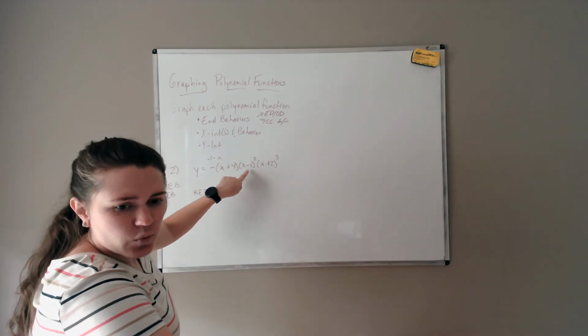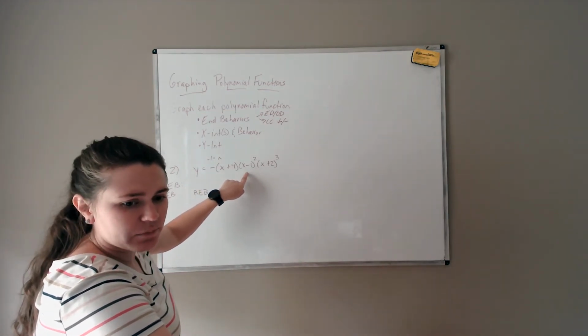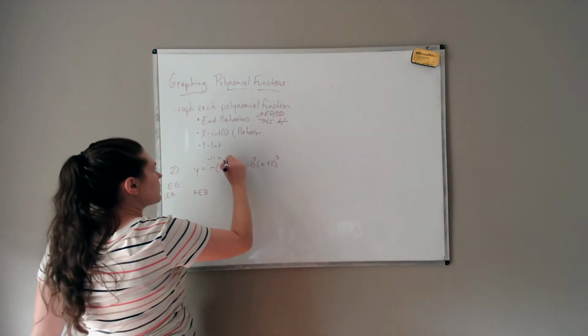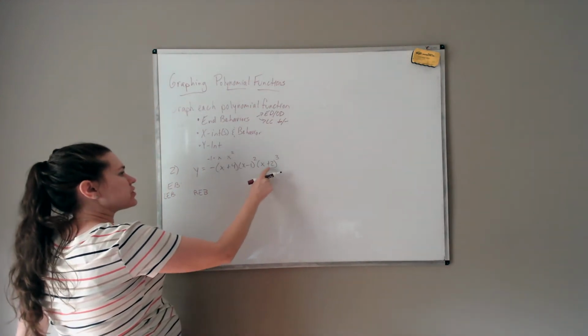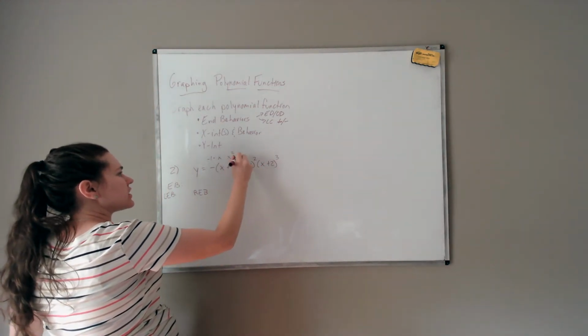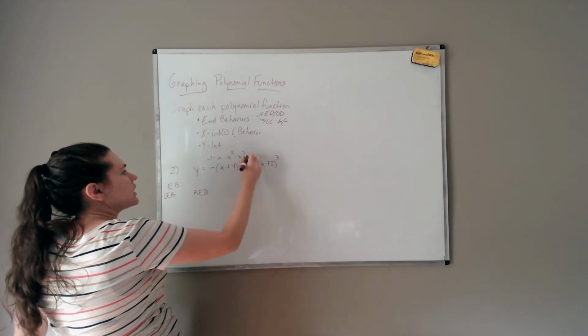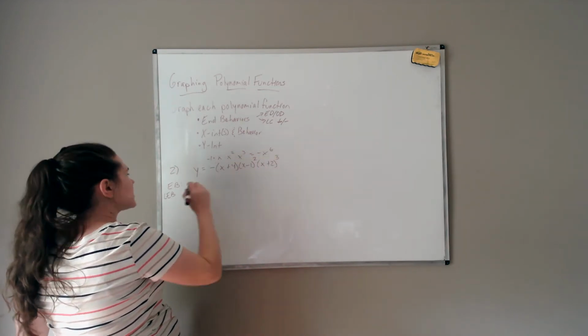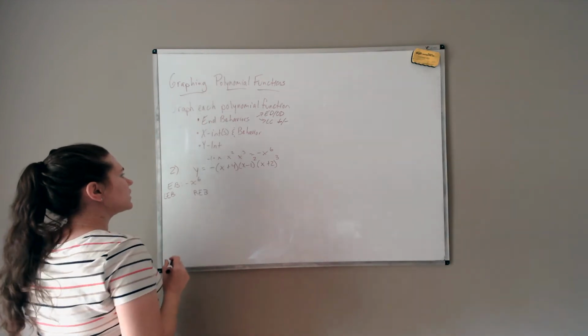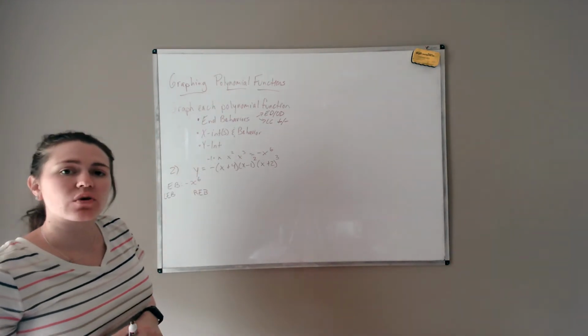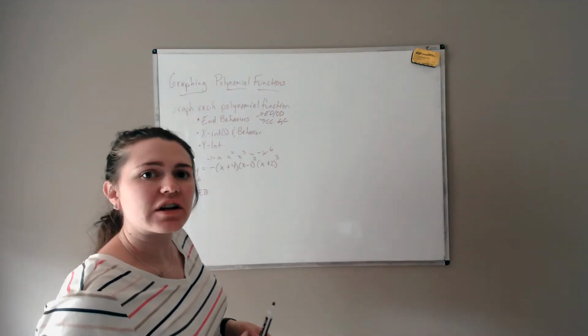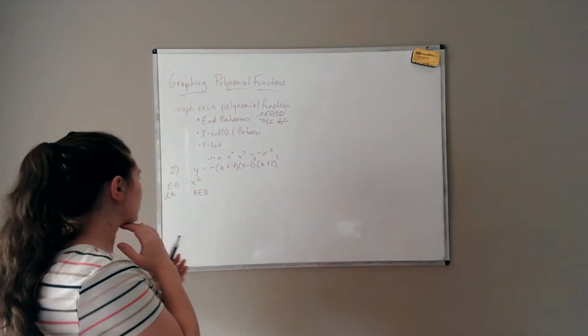This is x minus 1 times x minus 1, so that's really x squared there. And this is x plus 2, x plus 2, x plus 2, so that's x to the 3rd there. So the leading term would be -x to the 6th power. That's the leading term of this polynomial. Make sure if you're in factored form, you can think about the leading term in standard form.